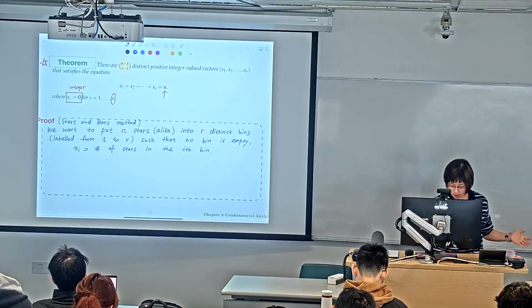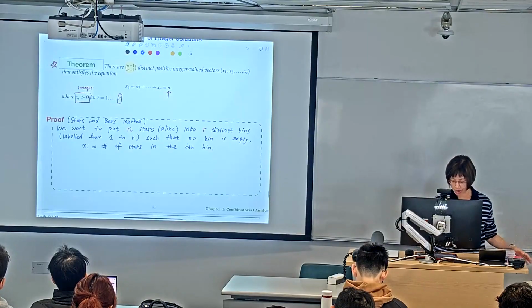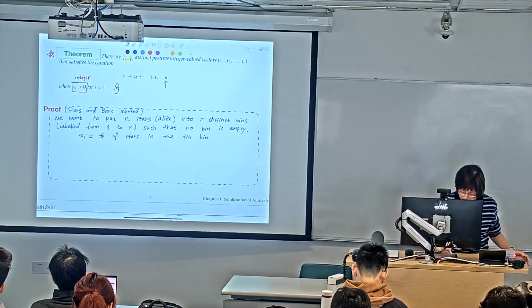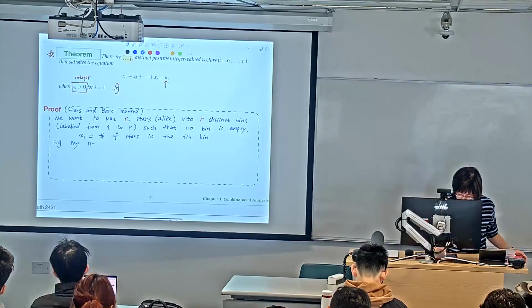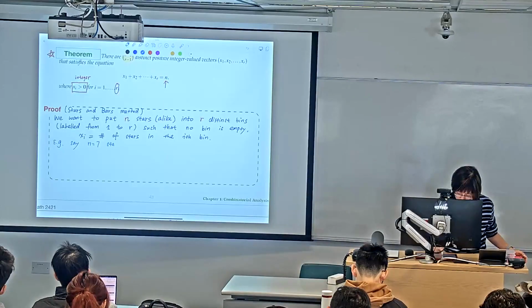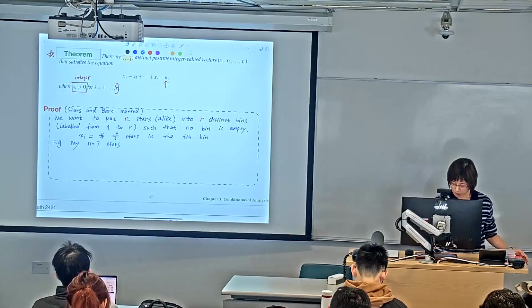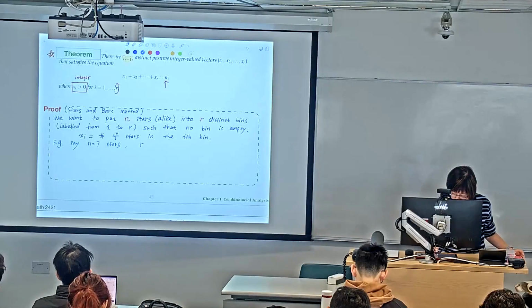If you're not sure how to get started, you can always consider a concrete small example. Say we have n equals 7 stars and r equals 4 bins.